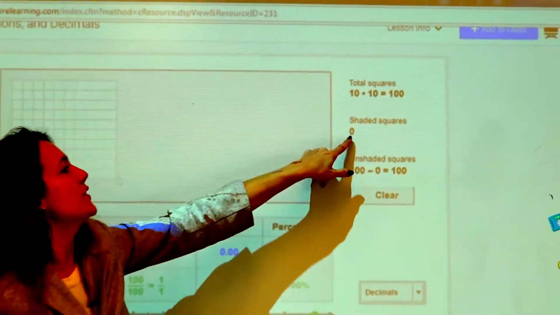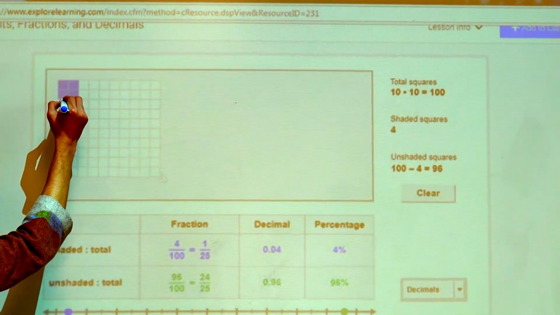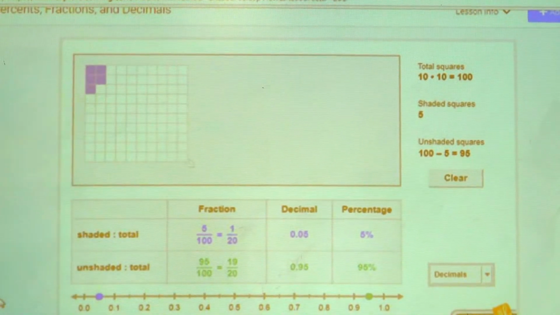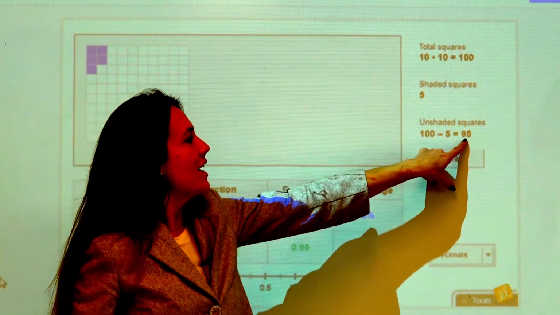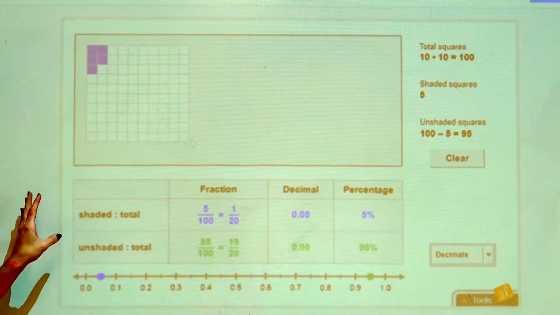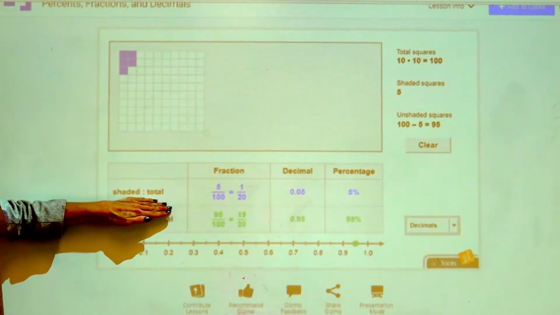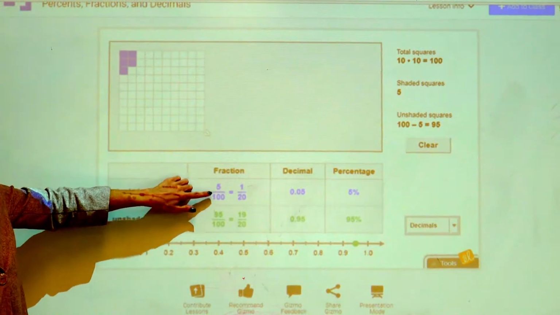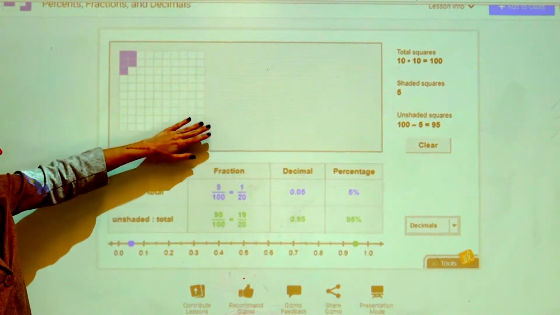Right now we have 0 shaded squares. I just shaded 5. So 100 less 5, 95 unshaded squares. Our total shaded squares is 5 out of 100. 5 squares out of 100.